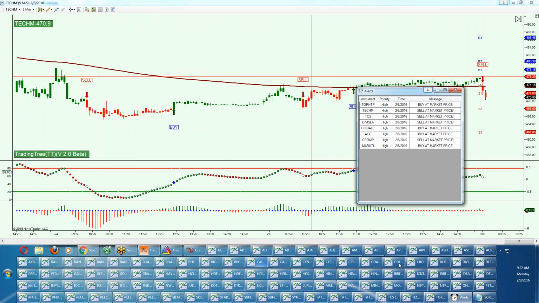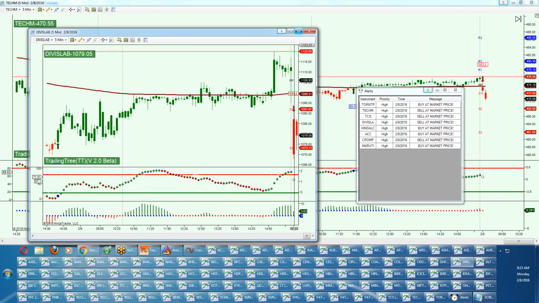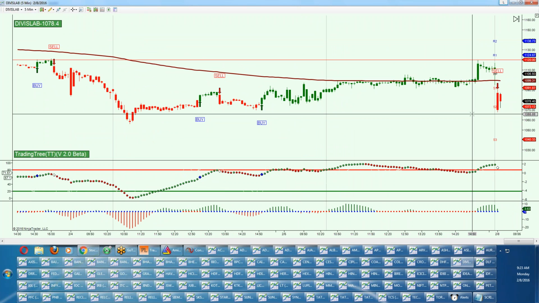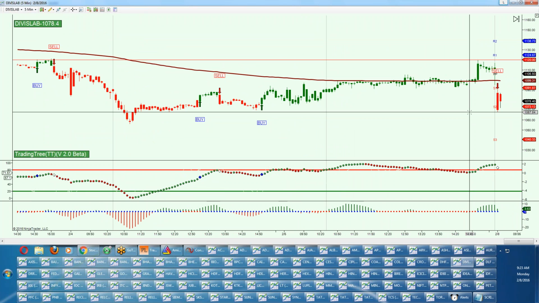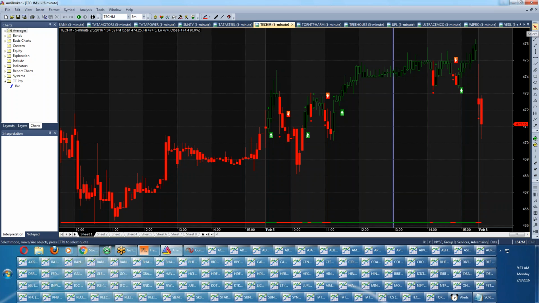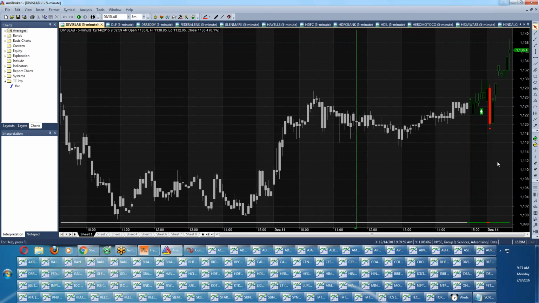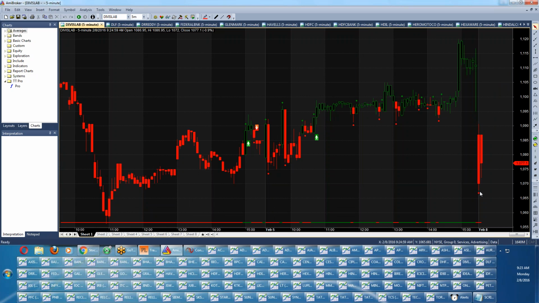Divis is in the news, so let's check what's happening in Divis. That's a sell call. You can short it at this price, that is 1067. So this is my sell price.